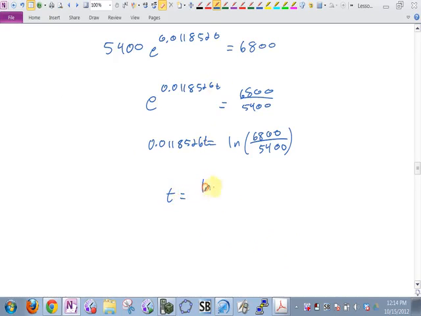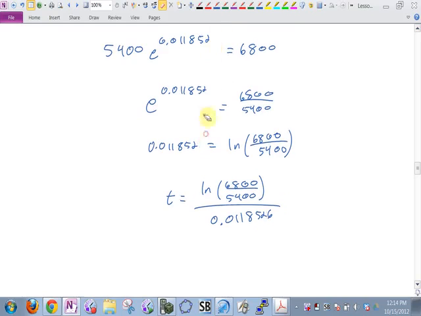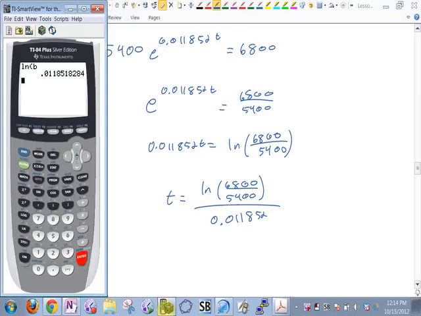So t equals the natural log of 6,800 divided by 5,400, all divided by 0.011852. My t's are looking like 6s. Oh my gosh. T. And no 6. There we go. So we can type that in. Natural log 6,800 divided by 5,400 divided by natural log b.